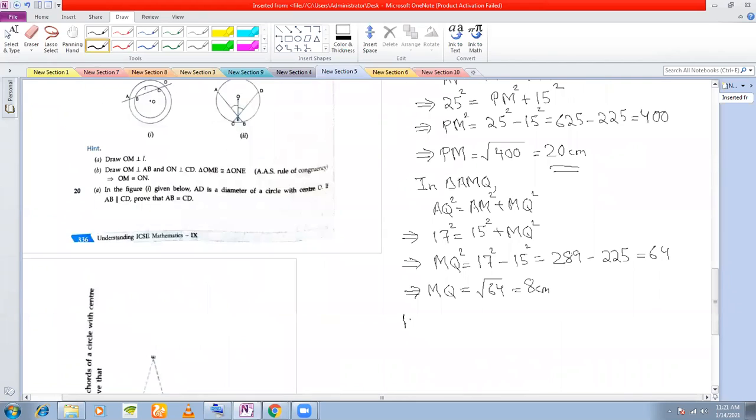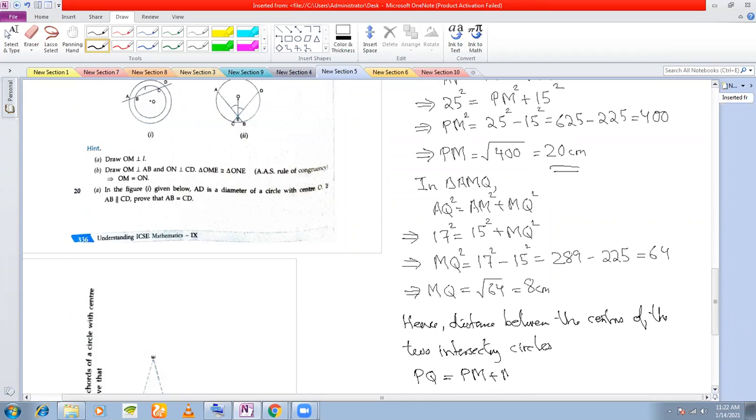You write: hence distance between the centers of the two intersecting circles, PQ is equal to PM plus MQ, which is equal to 20 plus 8, 28 centimeters.